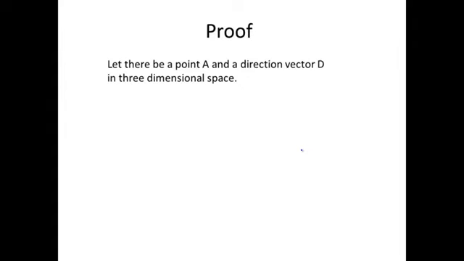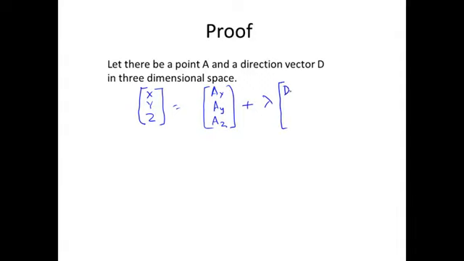We can write the equation of a general point on this line as the three coordinates x, y, and z equal to a sub x, a sub y, a sub z plus lambda times d sub x, d sub y, and d sub z.